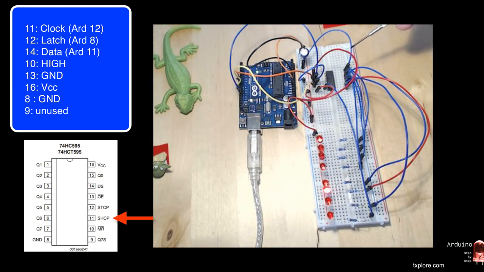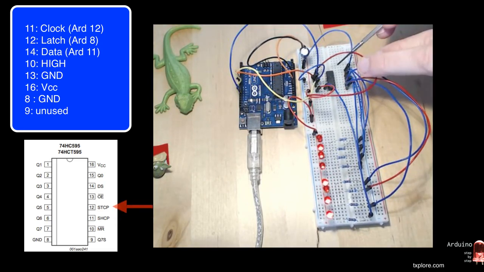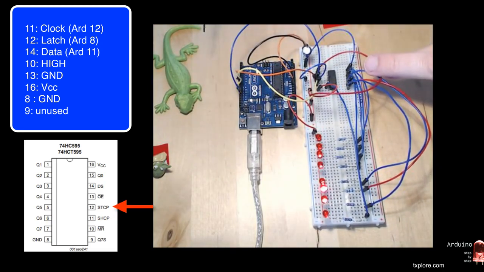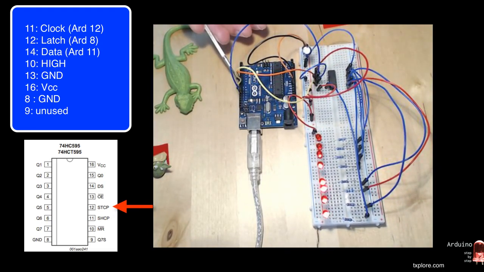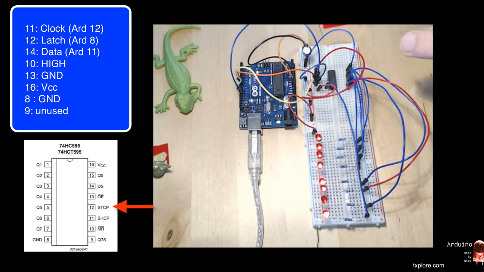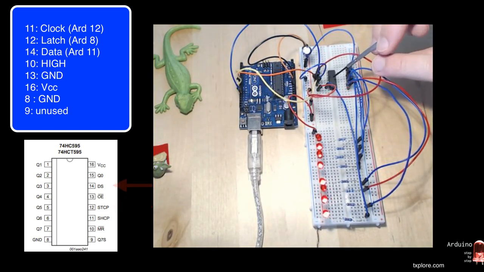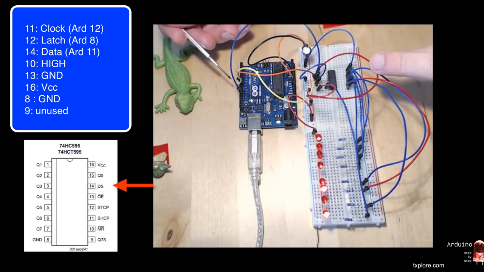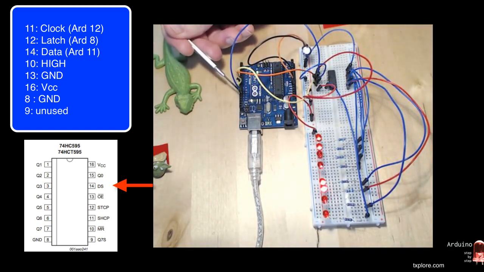Then we've got pin 12, which is the orange jumper wire. It goes to pin 8 on the Arduino, and it conveys the latch signal. And then finally we've got pin 14 on the shift register, the yellow wire, which goes to Arduino pin 11, and that transmits the data signal.